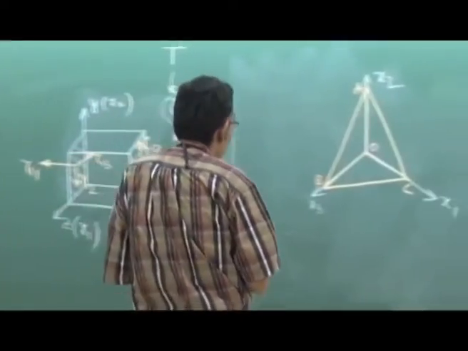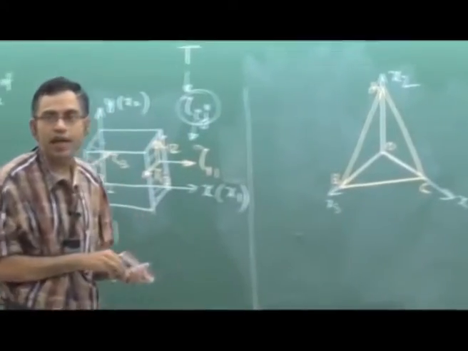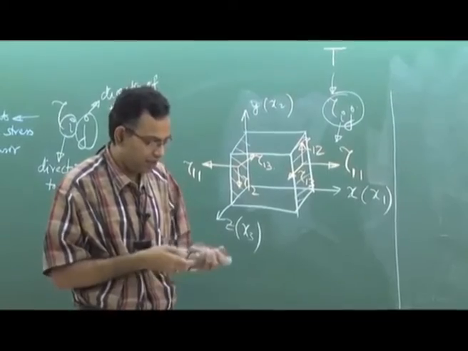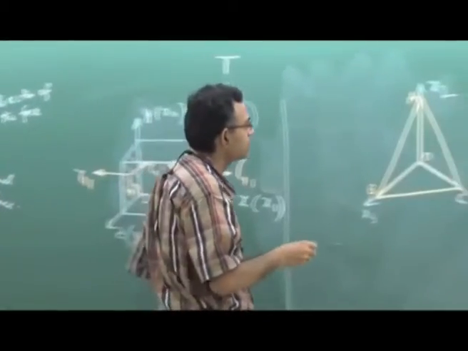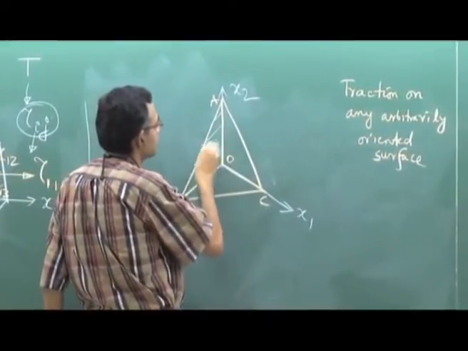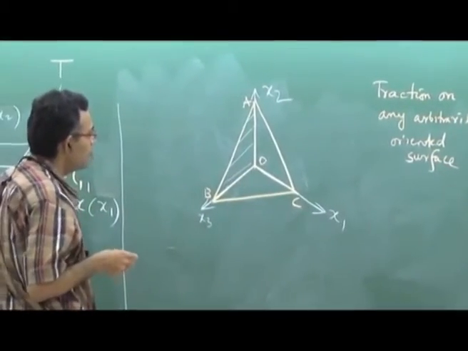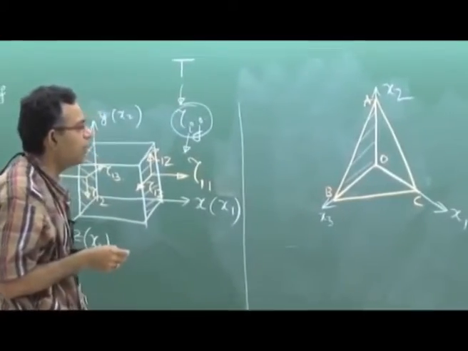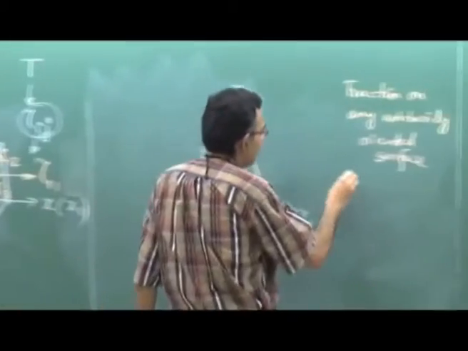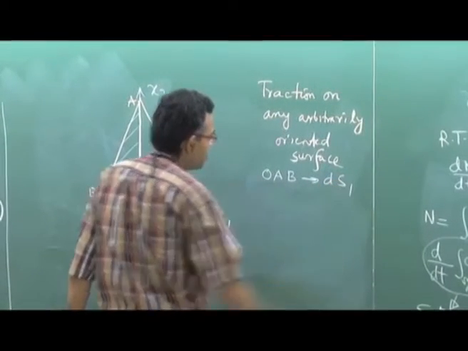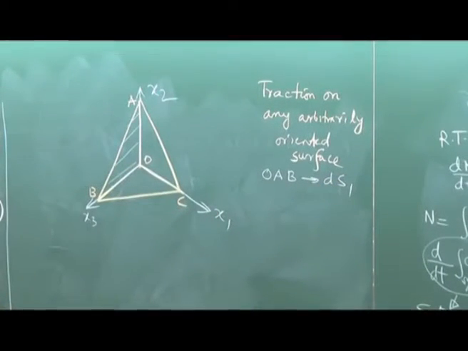So, let us try to represent the force along x. For the surface OAB, let us say that the area is ds1. What is the force on this? First of all, how do we represent it?